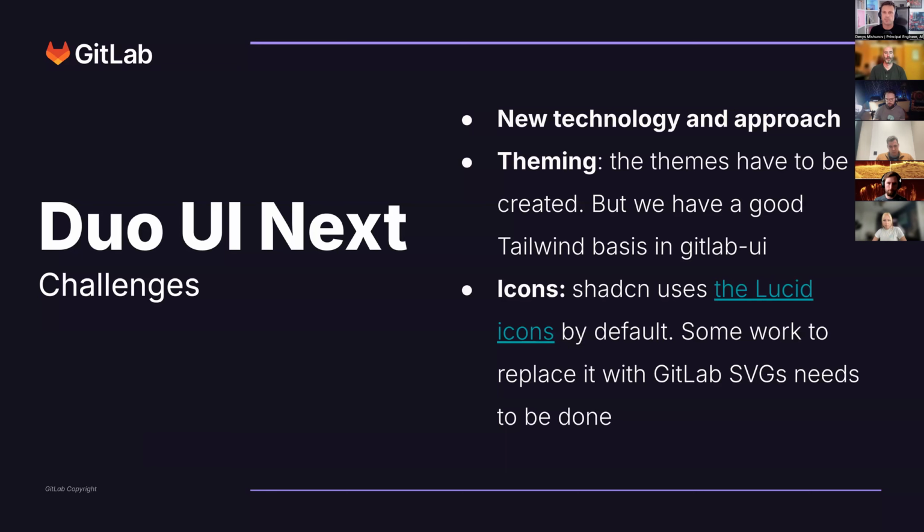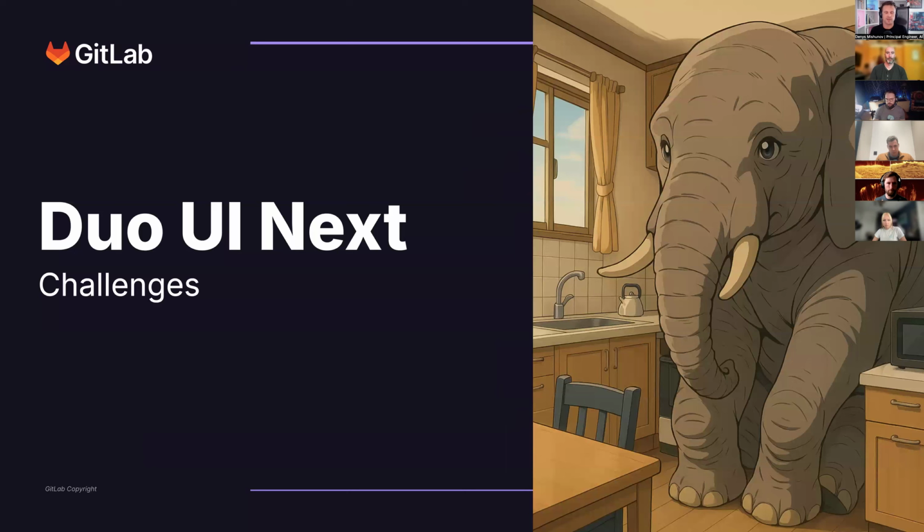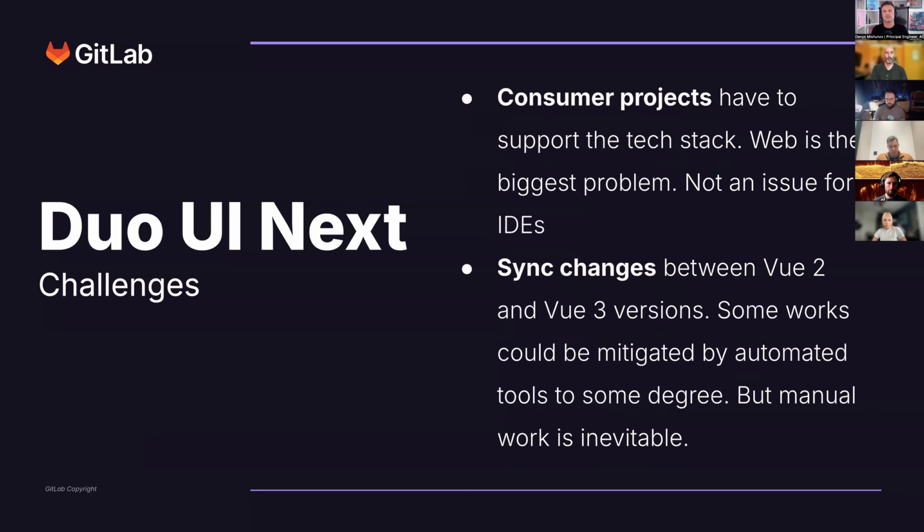But then, let's talk about the elephant in the room. We are talking about the new technology stack. Any front-end engineer would probably be excited. Vue 3, TypeScript, fantastic. Yes, but there is a problem. Consumer projects have to support the tech stack, right? So you cannot pull a Vue 3 component into a Vue 2 project and just expect it to continue working, or the same thing with TypeScript.